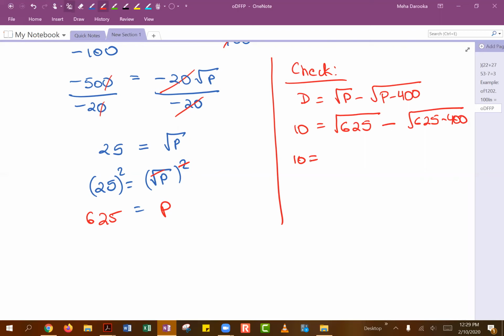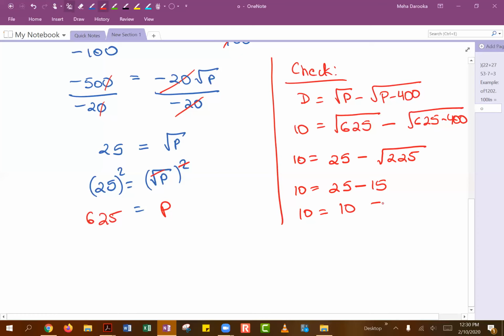Yeah, because we did 25 squared to get that. So this will be 25. And $15, very nice. And what's 25 minus 15? Alrighty, so that's what we are hoping, that we should get a true statement when we check our answer.